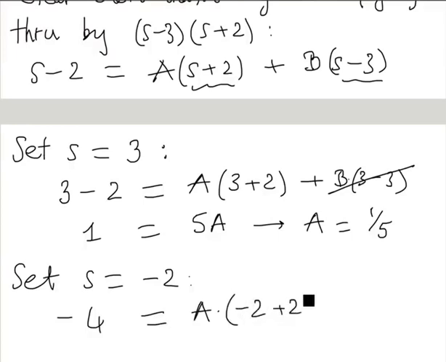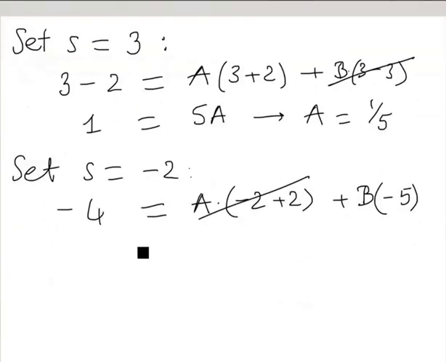Minus 2 plus 2 is gone, and then we have b times minus 2 minus 3, which is minus 5. Solve for b: minus 4 divided by minus 5, so b is 4/5. So we have the partial fractions.